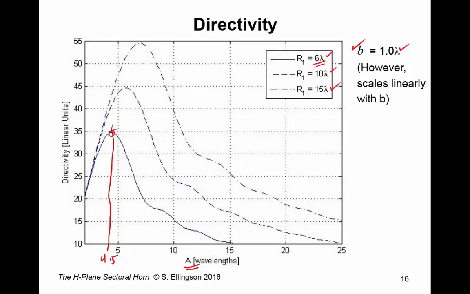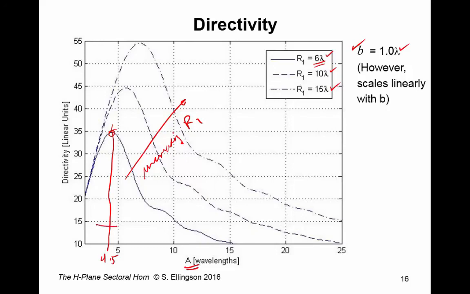That has a directivity of 34 something in linear units. If we increase R1, we see that directivity increases. That should be expected because as we increase R1, the aperture is getting bigger.